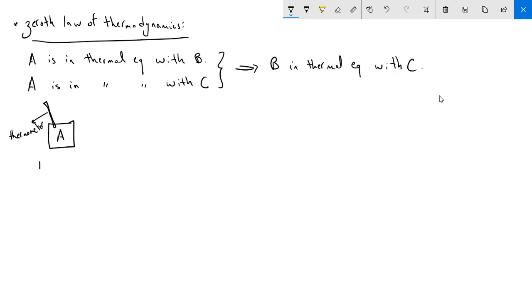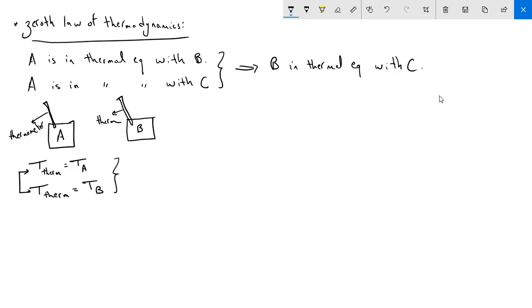If the thermometer temperature is equal to TA, and we take another object B and measure it using the same thermometer, and it happens to give us the same temperature as in the first case, then T thermo will be equal to TB, and T thermo in the first case is equal to T thermo in the second case.